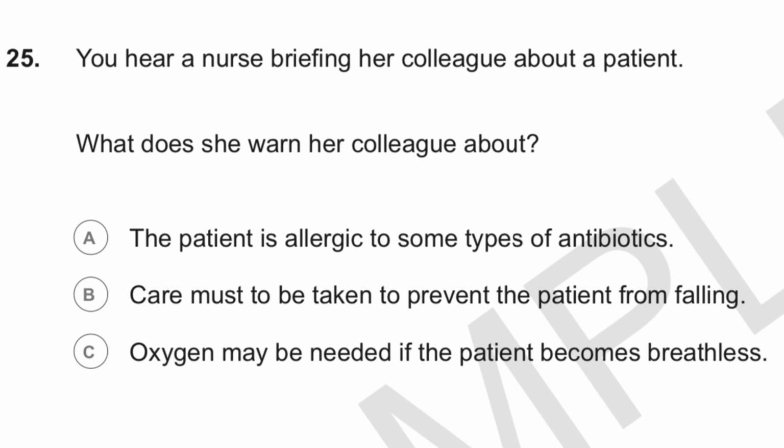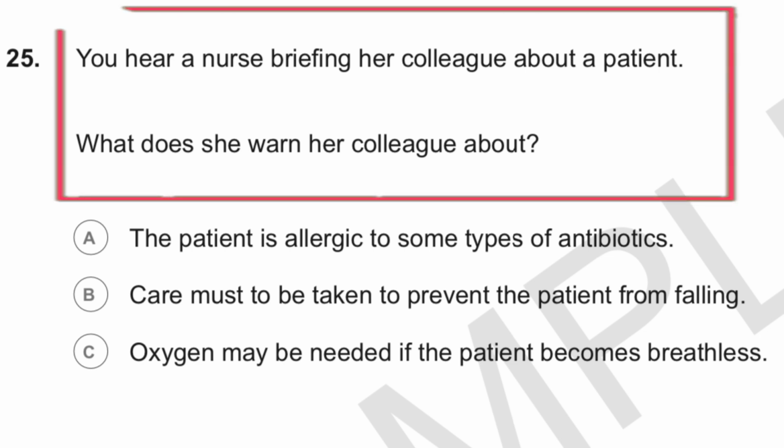Now look at question 25. You hear a nurse briefing her colleague about a patient. Now read the question. You have to read the context and the question twice and really understand what is being asked. What does she warn her colleague about?